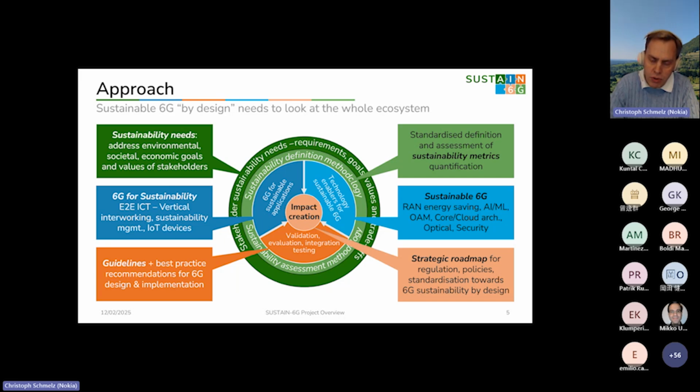So how should standardization, how should regulation evolve to make sustainability really a core of a 6G ecosystem? And all these together build more or less, just quickly, the different industry fora, standards bodies, but also for sure the European context, where we see the key relevance for the work we're doing here.